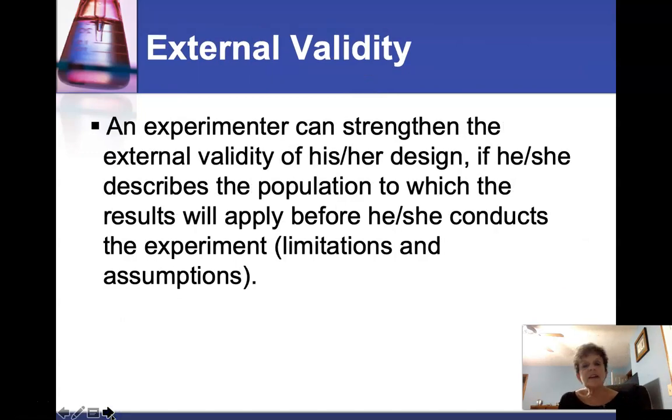So you can strengthen the external validity of your design if you describe the population into which the results are going to apply before you do the experiment. So that goes back to our limitations and our assumptions that we talked about a couple weeks ago.